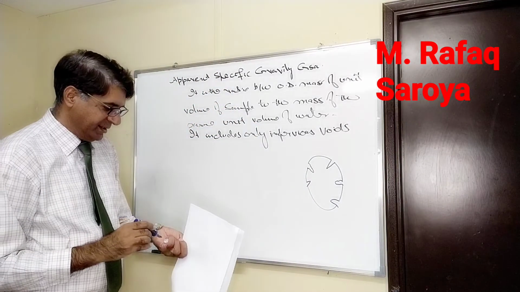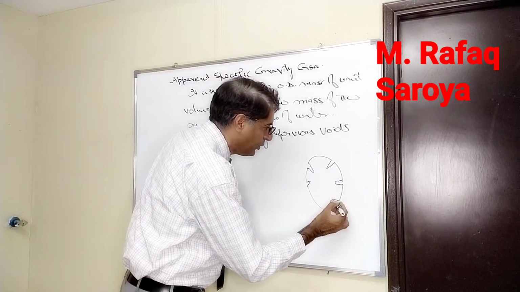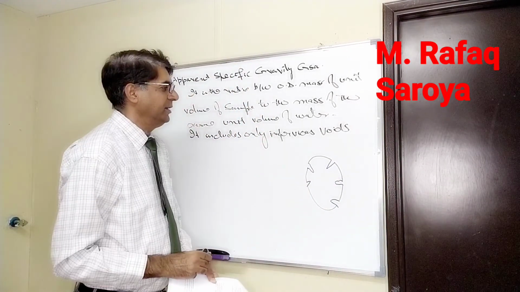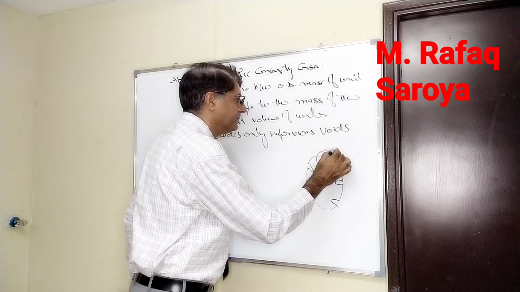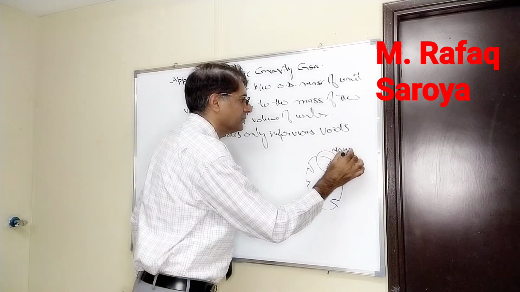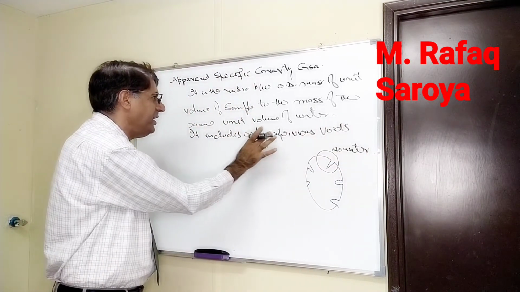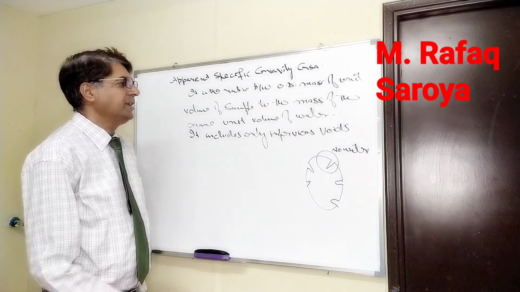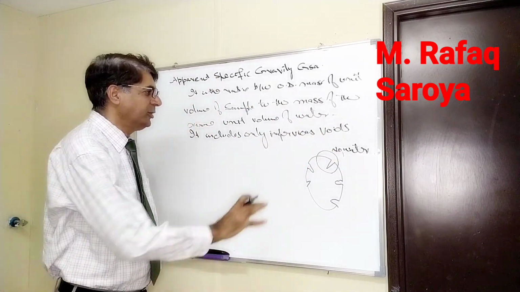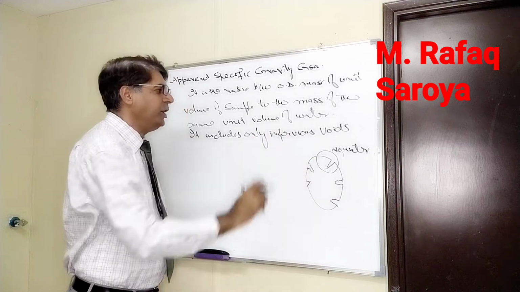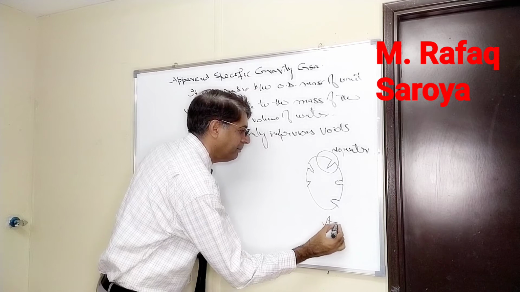In my previous description, I had told you that these pores are filled with water. Now over here, no water. When I write the words no water, this is the meaning of impervious voids. The voids are not filled with any type of water. So in this case, this volume is taken as A minus C.